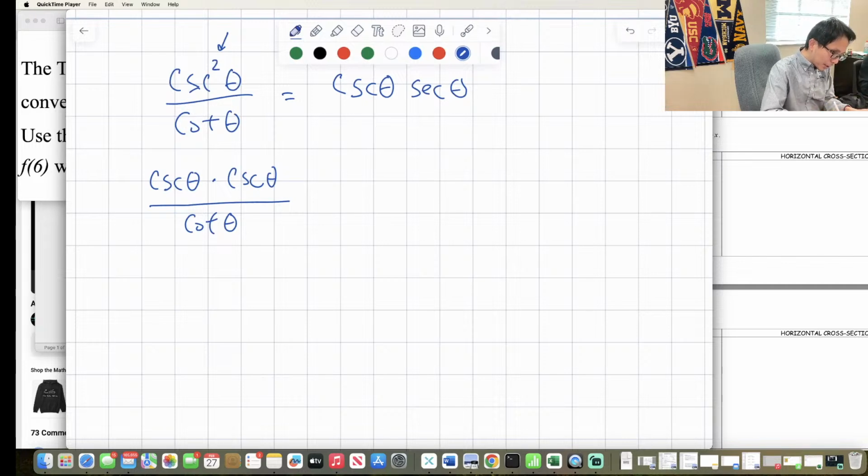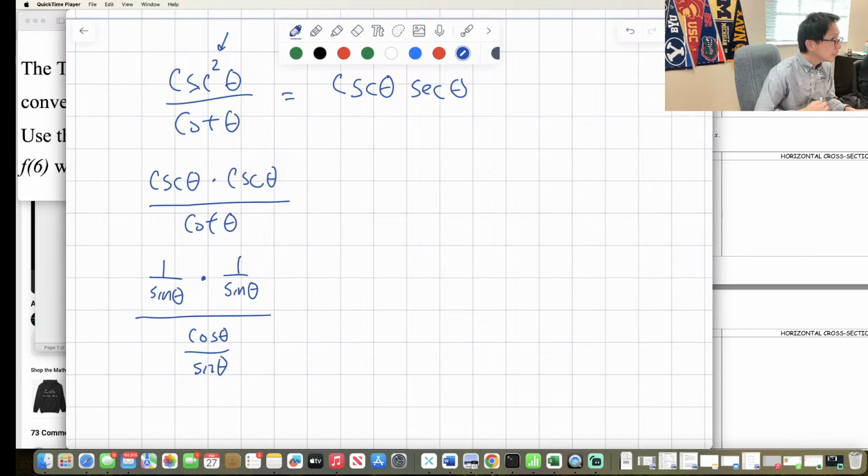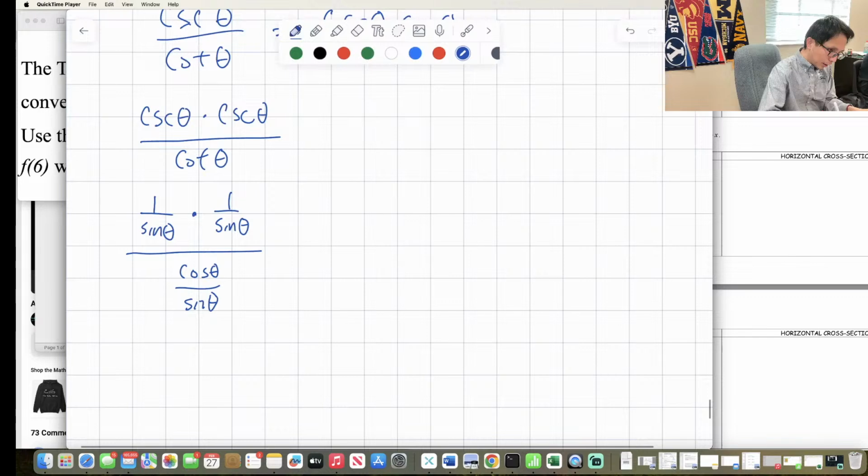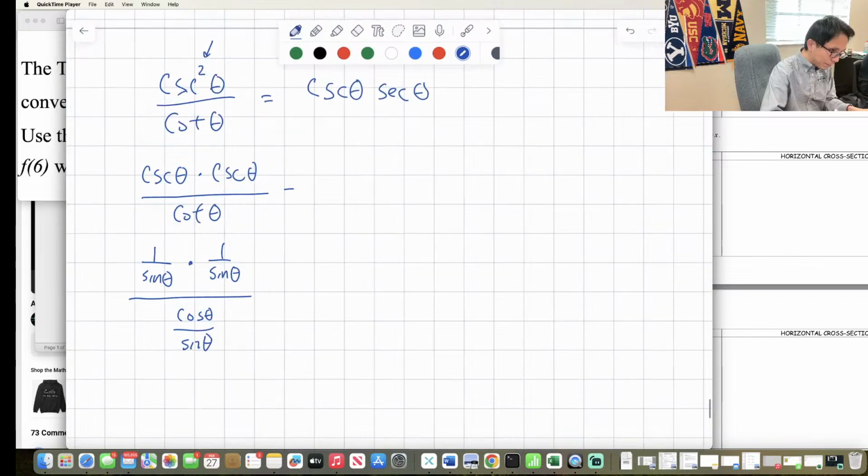Now this one is going to be 1 over sine theta, over cosine theta over sine theta. Does that make sense? Now remember, I'm not doing the other side. I'm just going to keep going on this side.